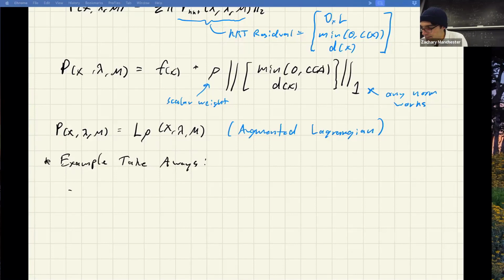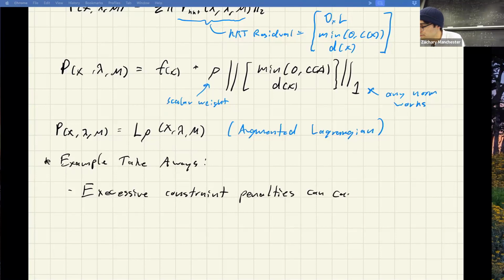Okay, so the main takeaway here is just that excessively big penalties on the constraint violations can actually be bad for you, and you've got to be a little careful. And the other nice thing is that the AL method kind of comes with that merit function for free.